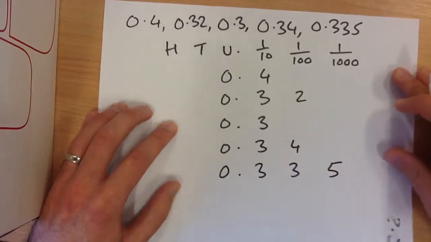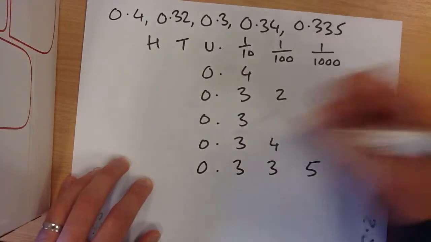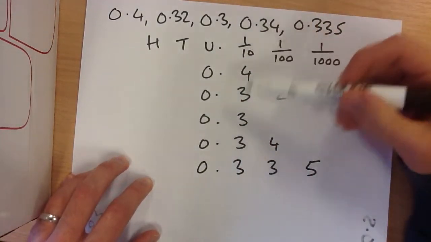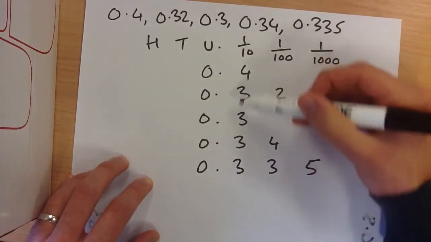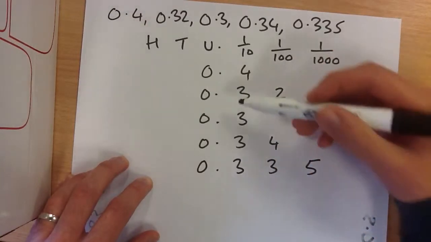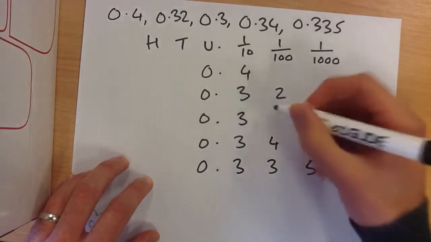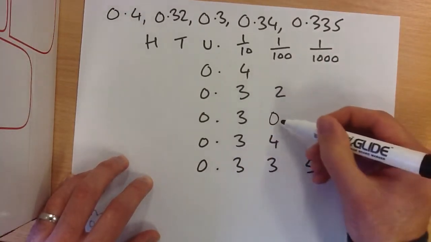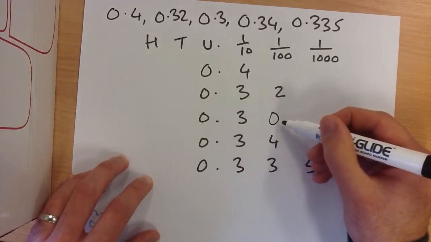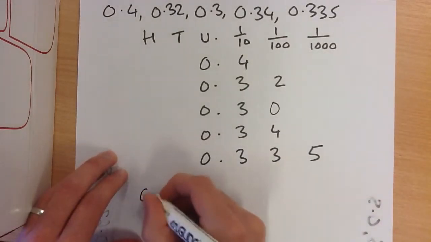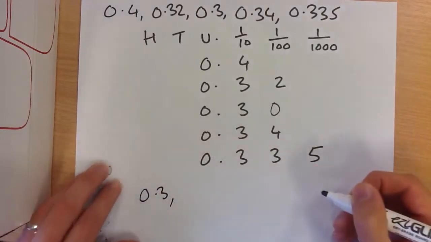0.335. So I can see quite clearly here they all have no unit, so I have to look at the tenths column. I've got 4 numbers with 3 tenths, so I have to look to the hundredths column. This number has no hundredths, so it must be the smallest number. So 0.3 comes first.